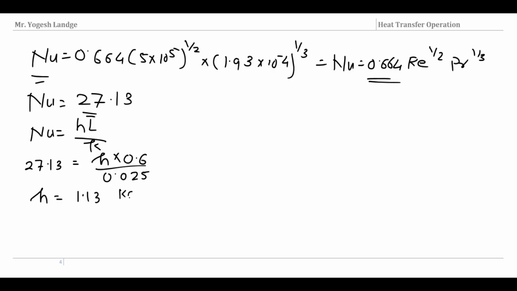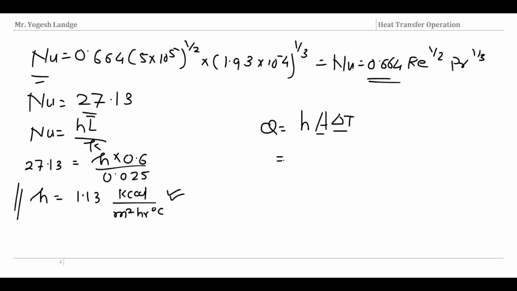The unit is kilocalorie per meter square per hour degree Celsius. Now we have a value of h. We have a simple formula to calculate Q: Q is equal to h into A into delta T. We already calculated the area and delta T, and we have the value of h from this one.